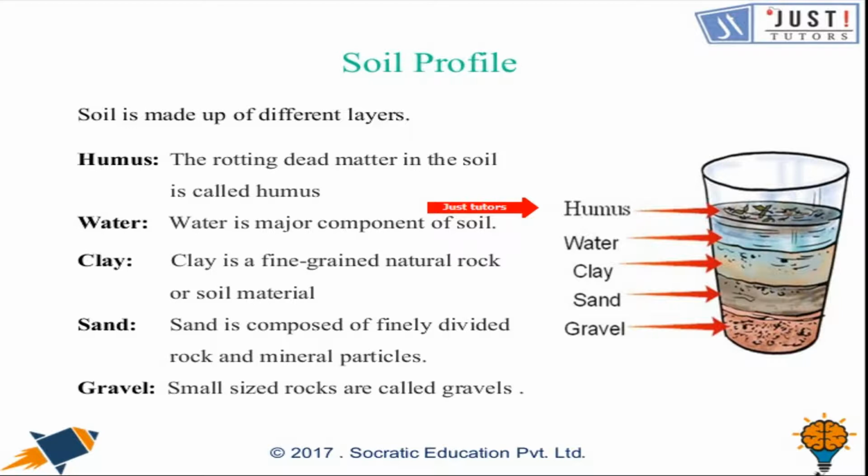Then you have the water content, which is another important component, followed by clay, sand, and gravel. Now, gravels are small sized rocks which are present at the bottom layer of the soil. Sand is another finely divided rock and mineral particle. And clay is known to be the finest grained natural rock soil material.